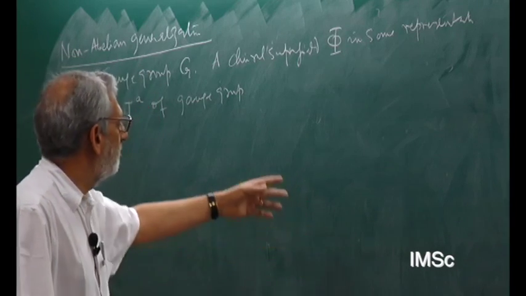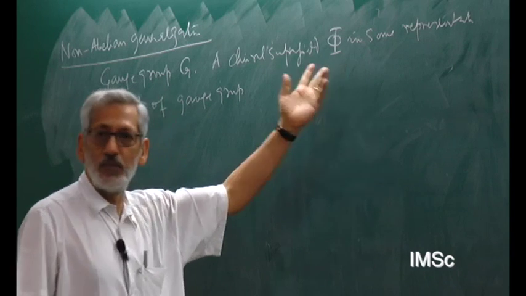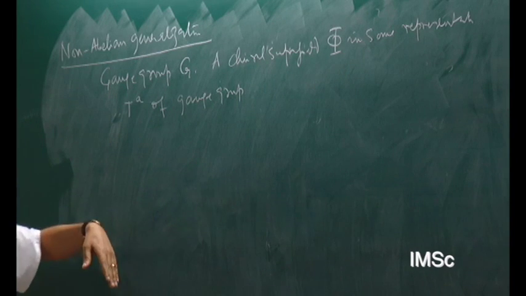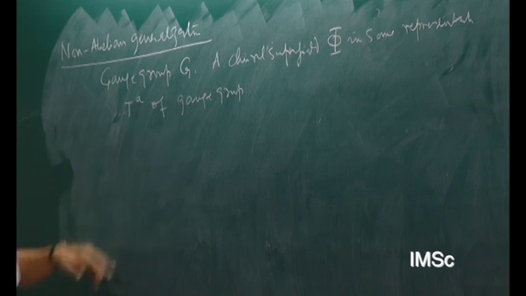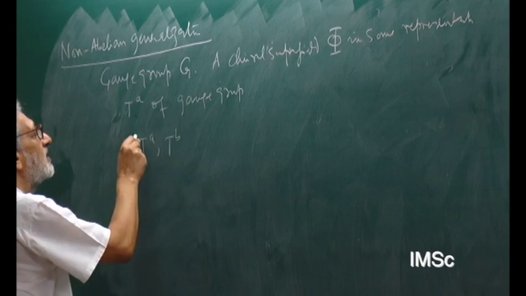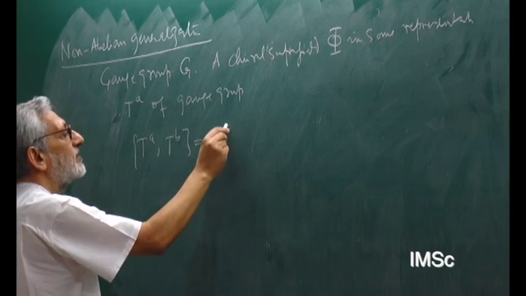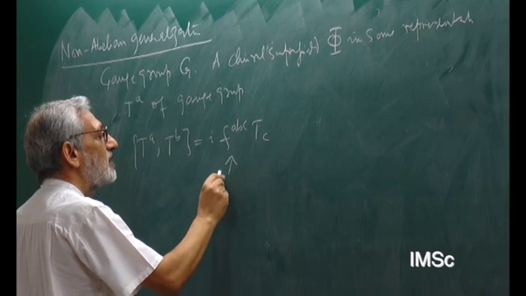So Phi will have a certain number of components, and those objects will transform under gauge transformations corresponding to the charge given by T^A, where the generators T^A in a non-abelian theory satisfy a commutation relation. f^{ABC} are the structure constants.